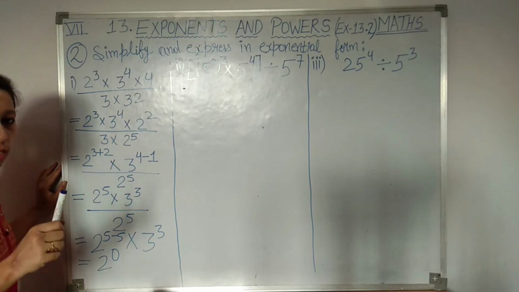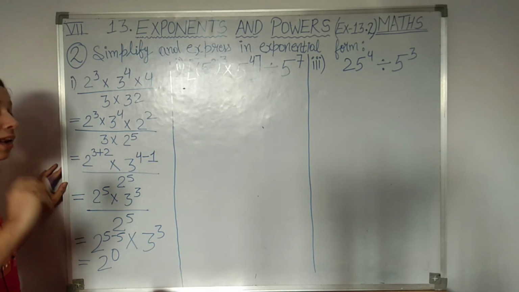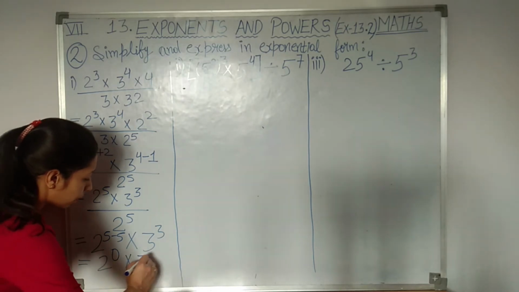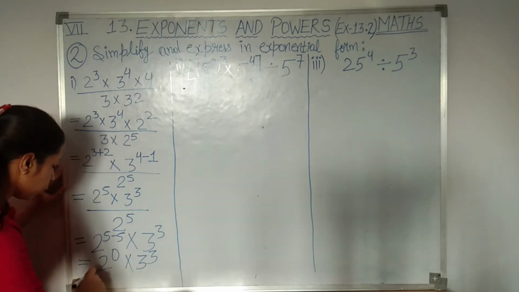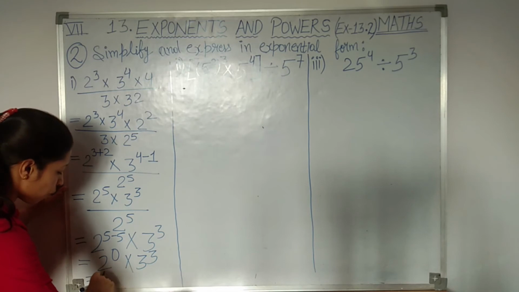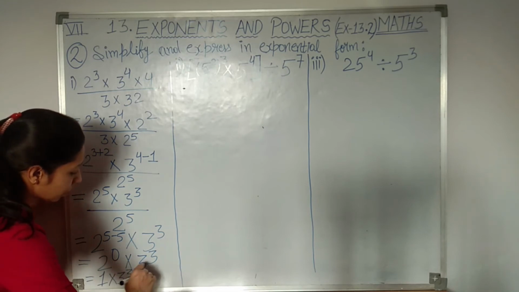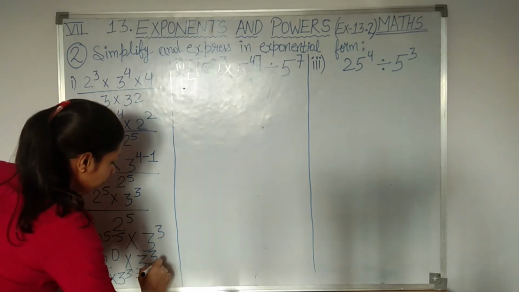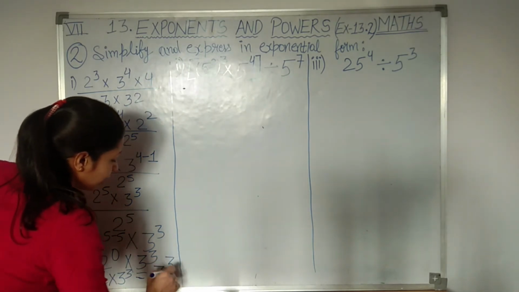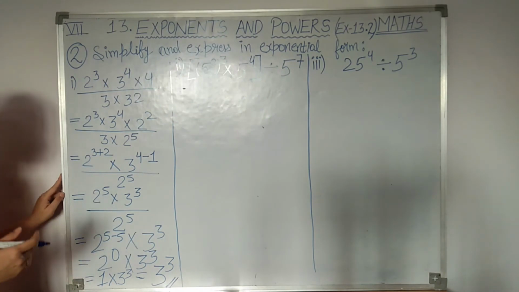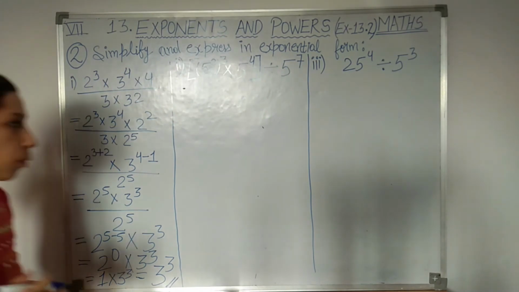And what I told you, 2 raised to 0 or any number raised to 0, the answer will be 1 only. So 2 raised to the power 0 will be 1. 1 into 3 raised to the power 3. How much will be your answer, students? Again, our answer will be 3 raised to the power 3 only. This is our answer. Clear, students? Okay. Now let us see the second point.